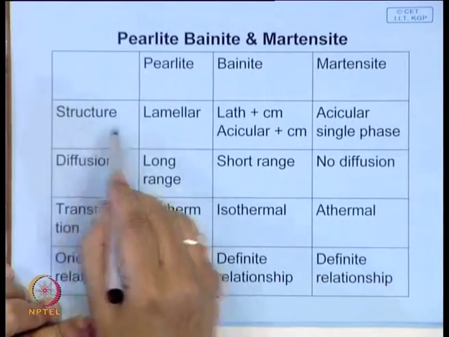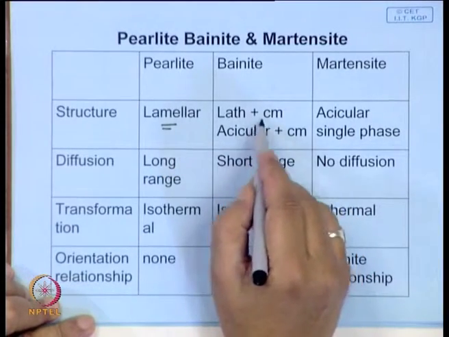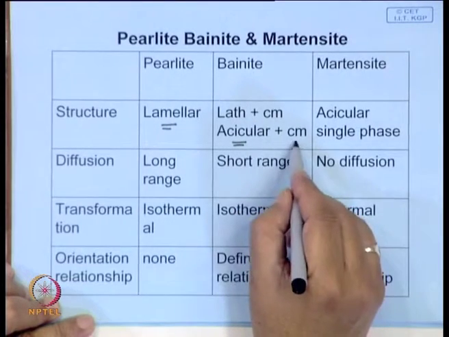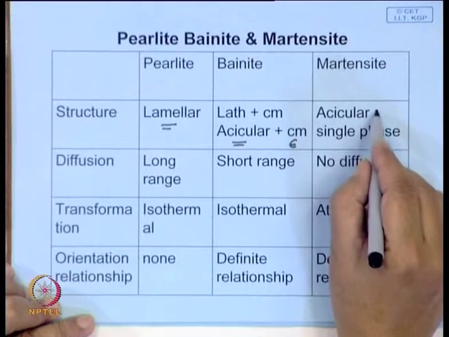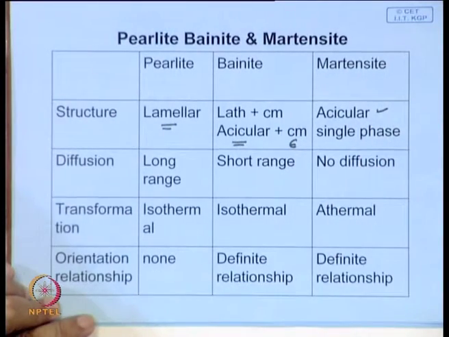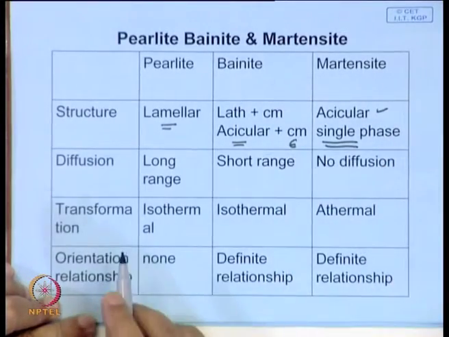Structure: pearlite has a lamellar structure. Bainite has two distinct forms, lath plus cementite, or acicular plus cementite or epsilon carbide, whereas martensite is acicular. A low carbon martensite can be lath martensite, but the important feature is that it is single phase.